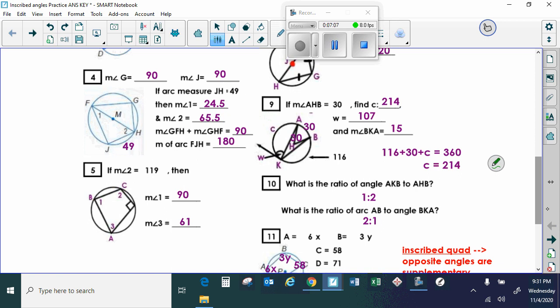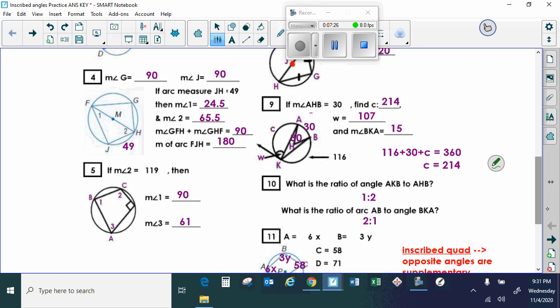Then we have the measure of angle GFH, this angle, plus the measure of GHF, this angle. What do we know that those two have to add up to? Well, don't forget that was 90 right there. And so these two add up to 90. Complementary. Okay.